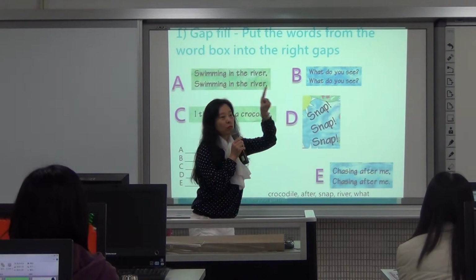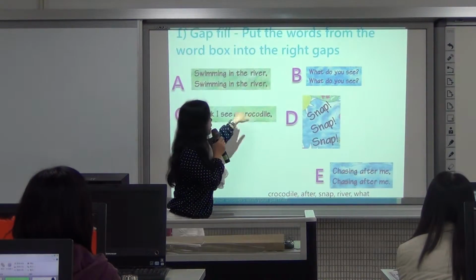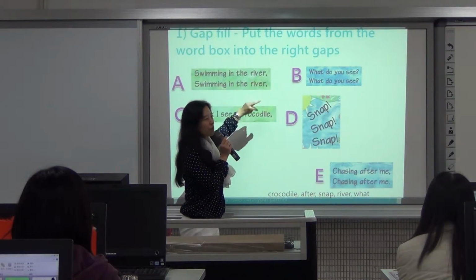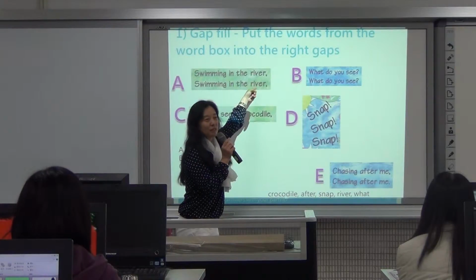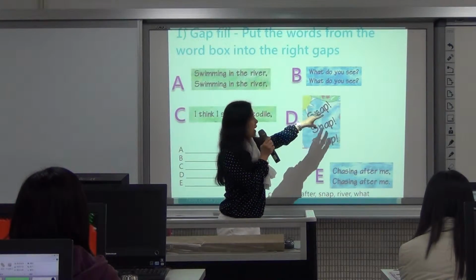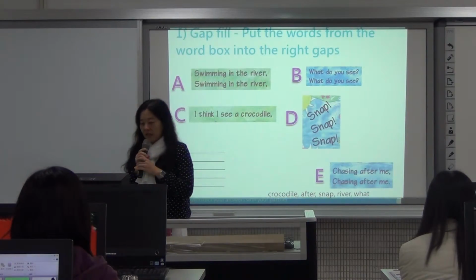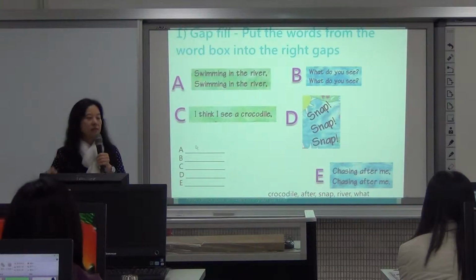So students won't be confused, right? Each word can fit in only one category. So crocodile is the noun. This is a noun too, but it's really hard to see swimming in the crocodile, right? So it must be in the river. And then this is the sound, and this is the question word. So I think it's easy. You ask them to write down, so this is a writing activity.